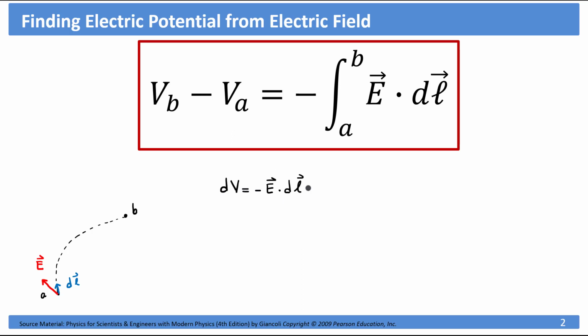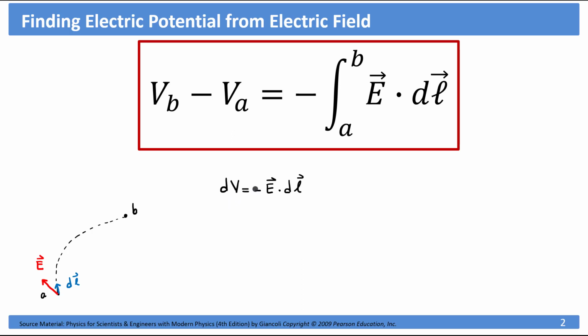And if you move in the opposite direction to the electric field, then the scalar product will be negative. But since you have a minus sign here as well, the whole thing will be positive. So the change in electric potential will be positive. Again, what it is saying is, if you move in the opposite direction to the electric field, you will see an increase in electric potential.